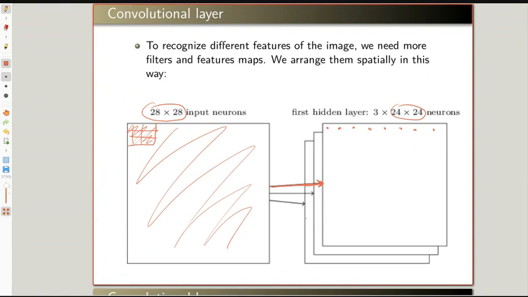Meaning, if these weights were recognizing, I don't know, a shape like this, they will recognize a shape like this here, but they will always recognize a shape like this.